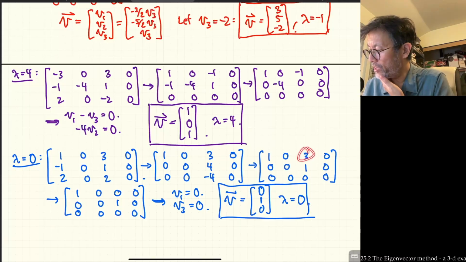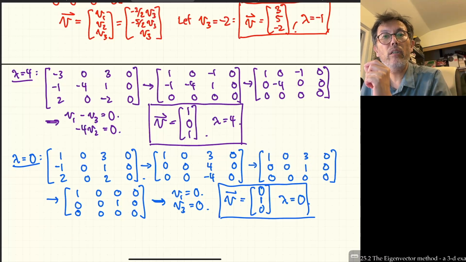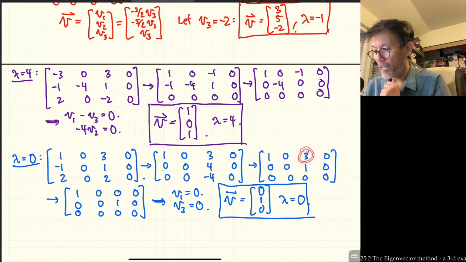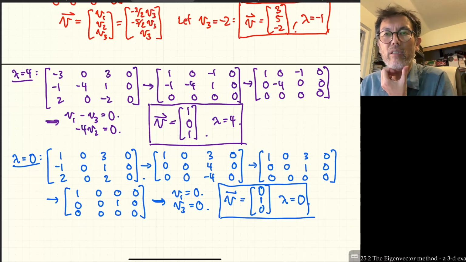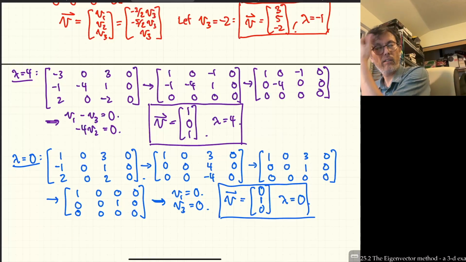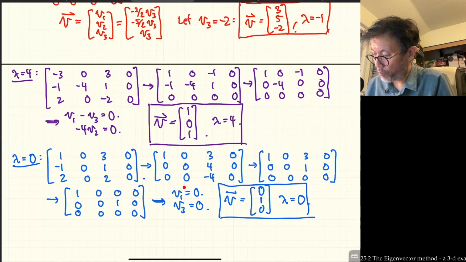And now I'm going to kill this 3 because I feel like it, because I can add negative 3 row 2 to row 1. And that kills that 3 there. What I end up with is this very sparse matrix, tons of zeros. We like it. Okay, now interpret these rows as equations.